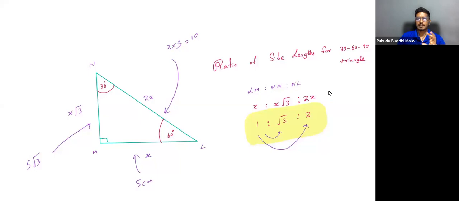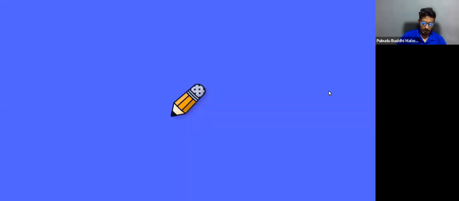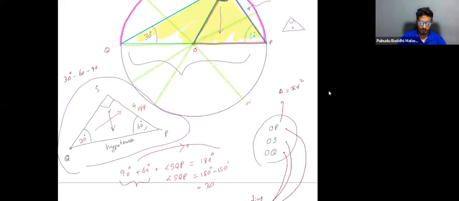Okay, let's apply this concept for our problem, right? For this one, QSP, we found the height, and now we need that QS length, right? To get that QS length, okay, let me show you separately.